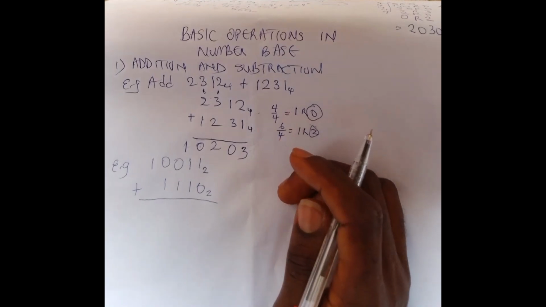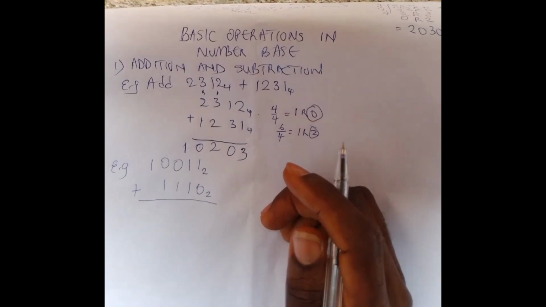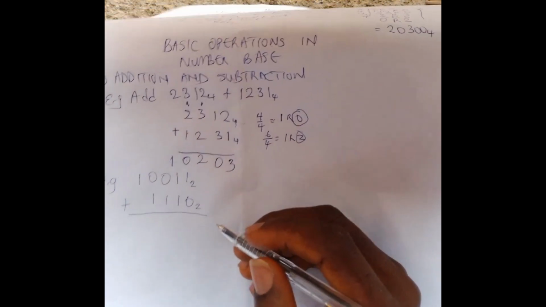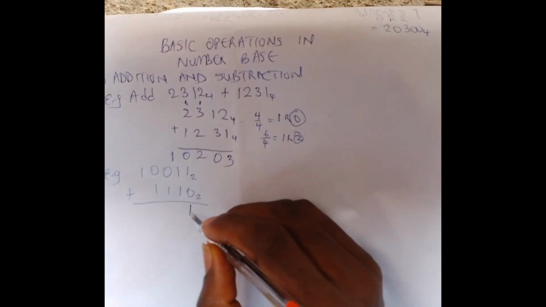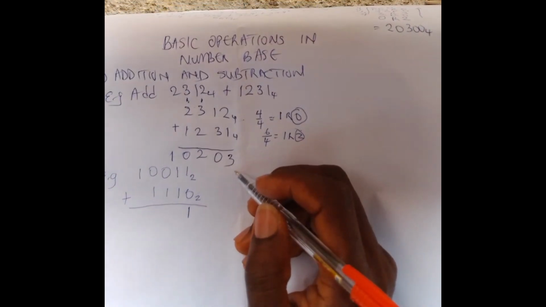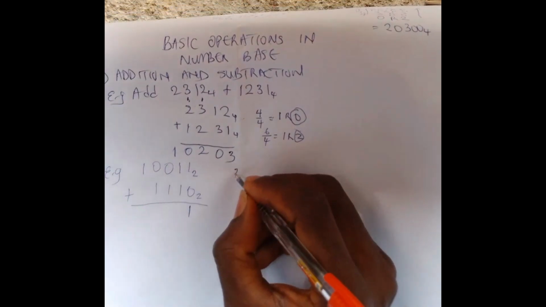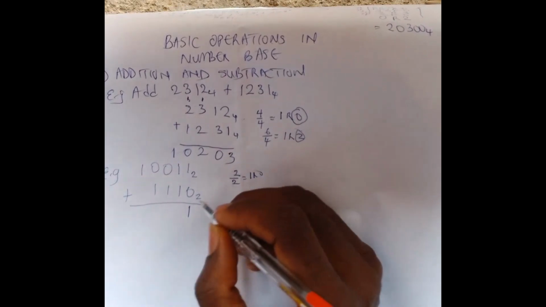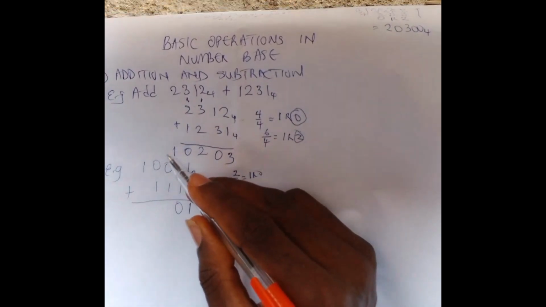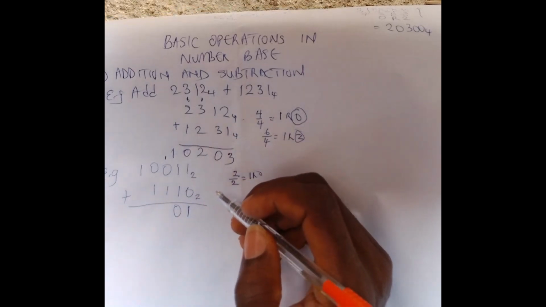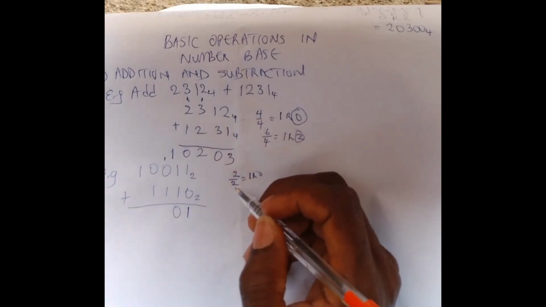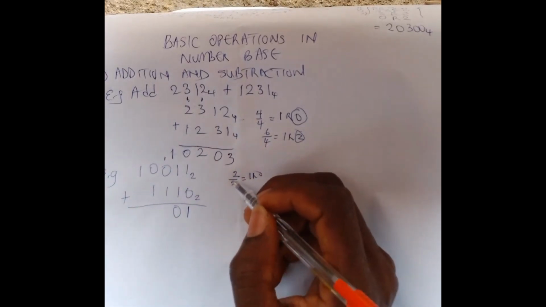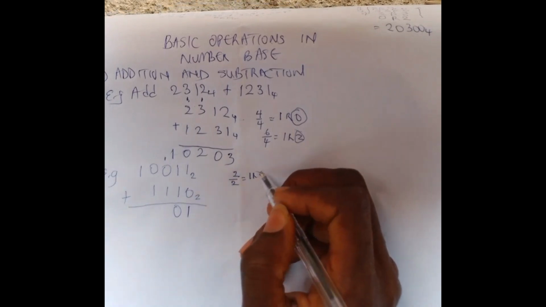So let's add this other one. 1 plus 0 is 1. 1 plus 1 is 2, which is the same as our base. If you divide, we get 1 remainder 0. So you write your 0 and take 1. 1 plus 0 is 1. 1 plus 1 is 2, which is the same as our base. So we'll do this again and you write the remainder.